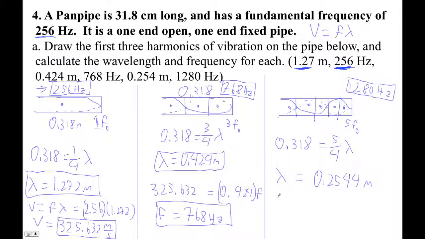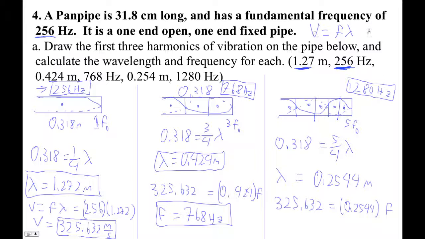All right, so now let's just figure out our frequency using the same wave speed. These will all have the same wave speed, right? 325. Because remember, wave speed does not depend on wavelength, frequency, amplitude. It depends on what kind of medium it is, and that's not different. Okay, so let's go 0.2544 times the frequency.